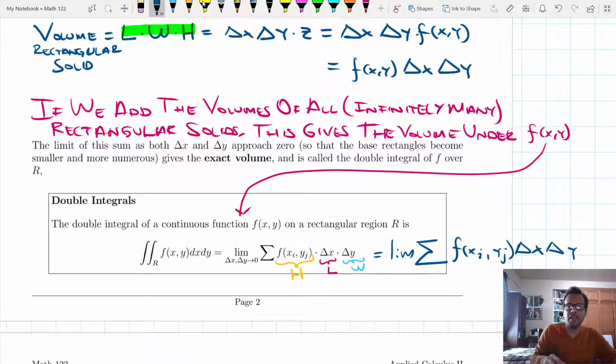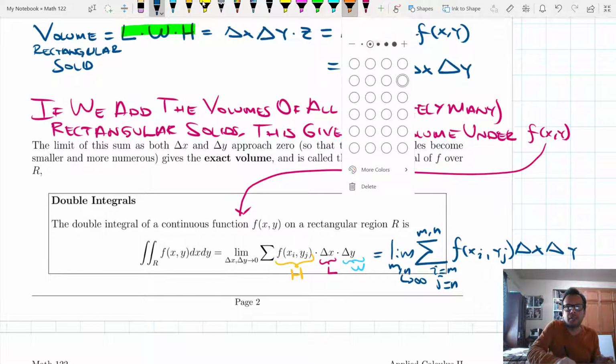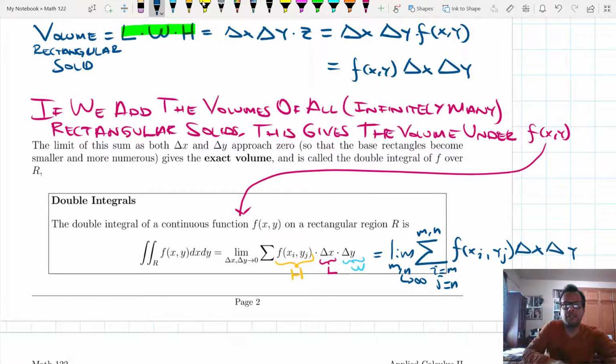So we want to have m and n go to infinity, with i going from 1 to m, j going from 1 to n, having a partition of infinitely many rectangular solids. So that's what we do.